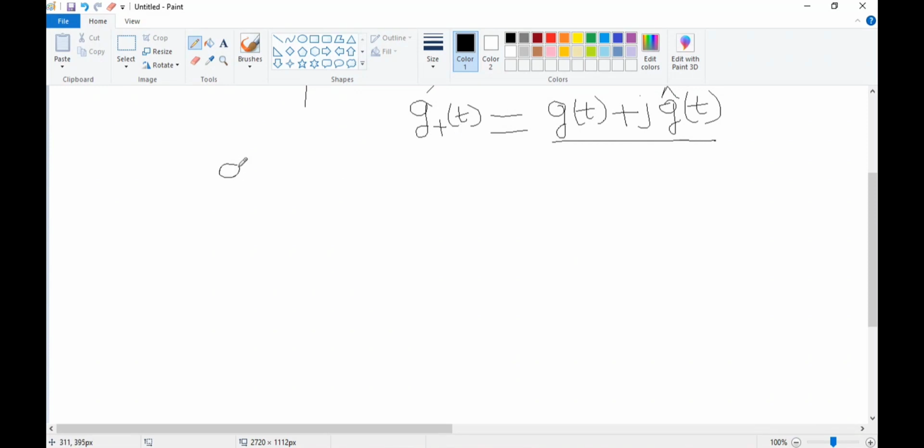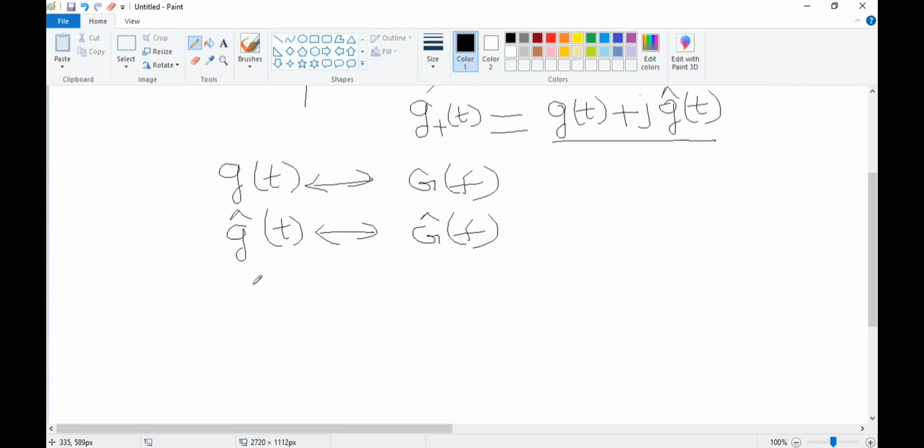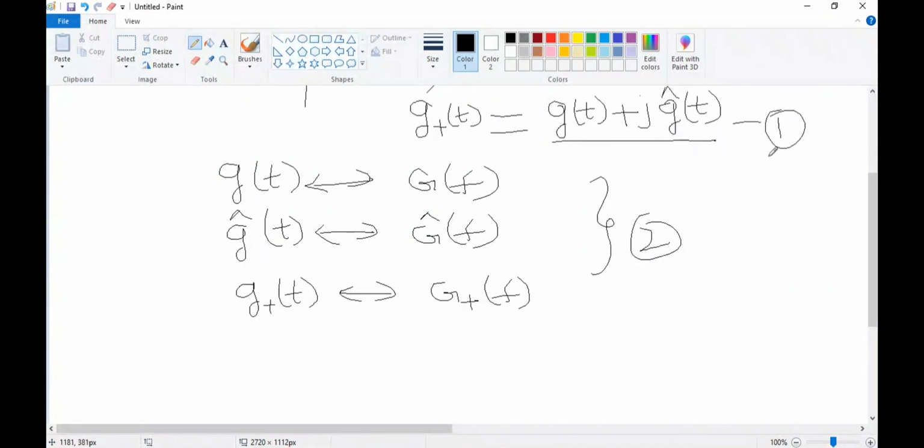So if for g of t the Fourier transform is G of f, and for g cap of t the Fourier transform is G cap of f, and for g plus of t the Fourier transform is G plus of f, then apply this, which I'll consider as 2, to 1, so that your G plus of f will be equal to G of f plus j times G cap of f.